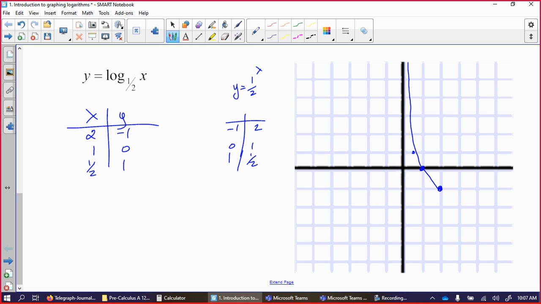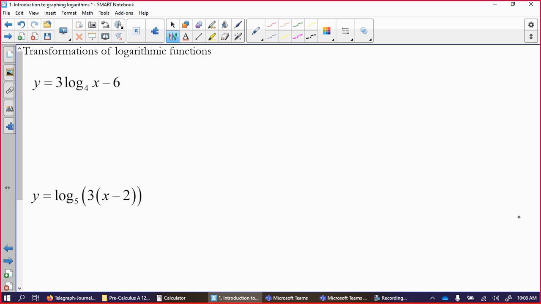And if we did the next point, I'm pretty sure it would be somewhere over there, because if we had -2, a half to the -2 is 4. So 4 and -2. And my lines are awful. But that's the idea with our base function.